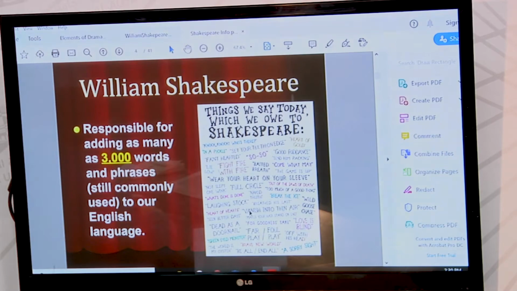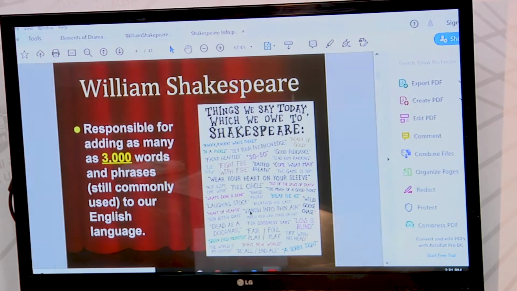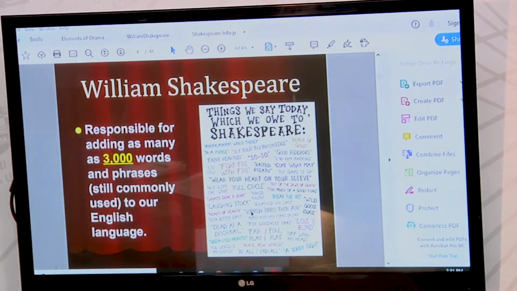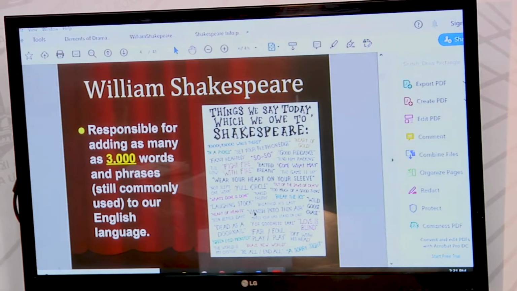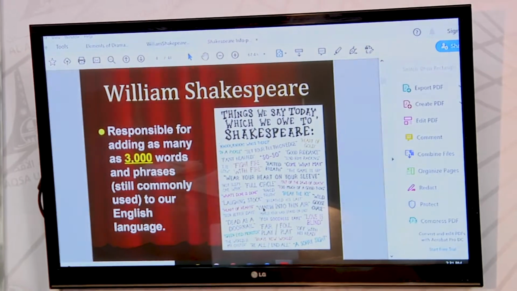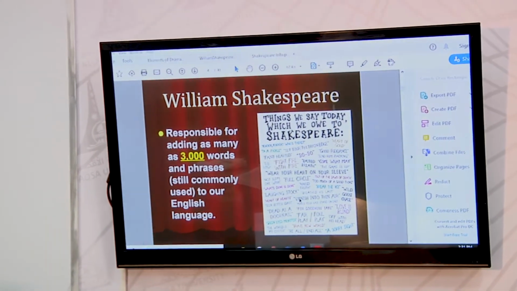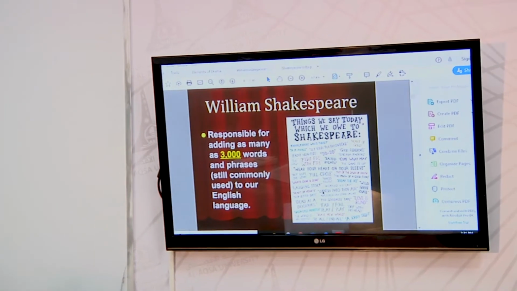Okay? Like knock, knock, knock, who's there? In a pickle. Love is blind was coined by Shakespeare. Okay? Dead as a doornail. These are all words and phrases that owe their life in English to Shakespeare. Okay?